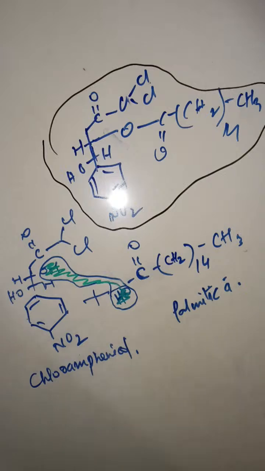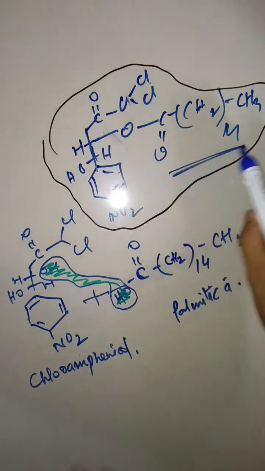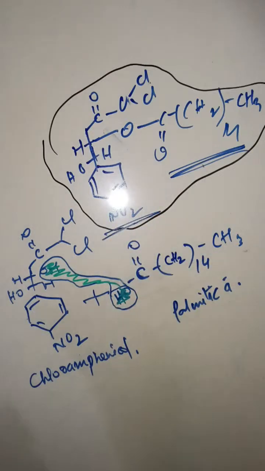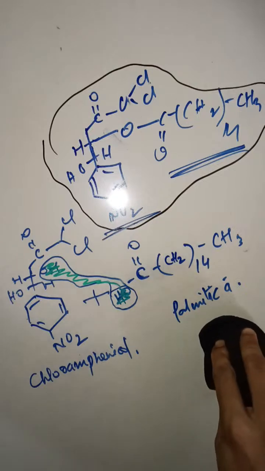Okay. So this part is the palmitate part. This part is the chloramphenicol part. So it is called chloramphenicol palmitate. Chloramphenicol exists in A, B and C forms. Of these, B form is the most stable and most preferable form of chloramphenicol.